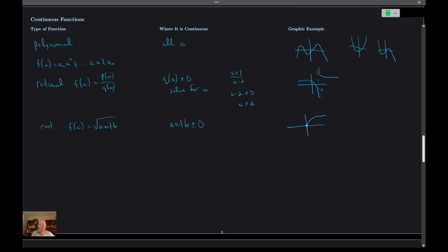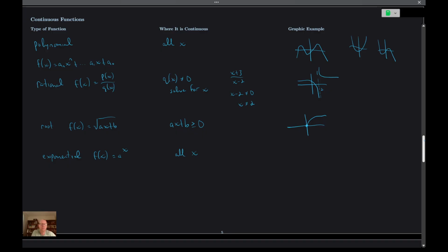And then let's talk about exponentials. So f of x equals a to the x. Of course, we can have more than just x up there. We could have a linear function or a rational function up there. But if we're just talking about the basic exponential function, this would be all x.